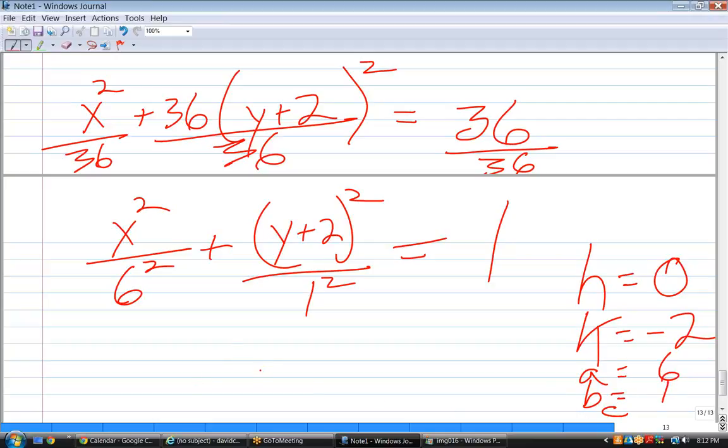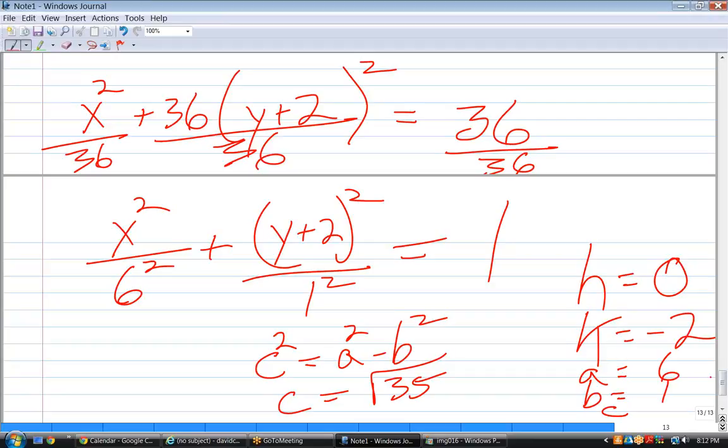What's the equation that relates c to a and b? It's not the Pythagorean theorem. With an ellipse, it's c squared equals a squared minus b squared, not a squared plus b squared. So 36 minus 1, square root of 35. Right, so c is the square root of 35.